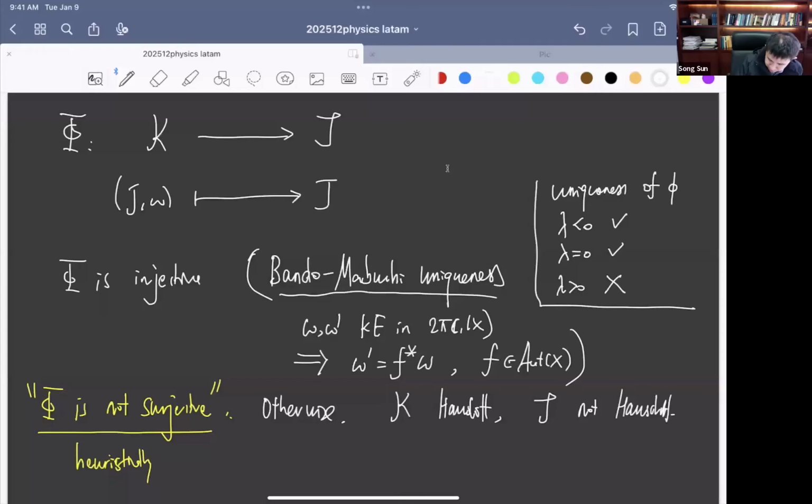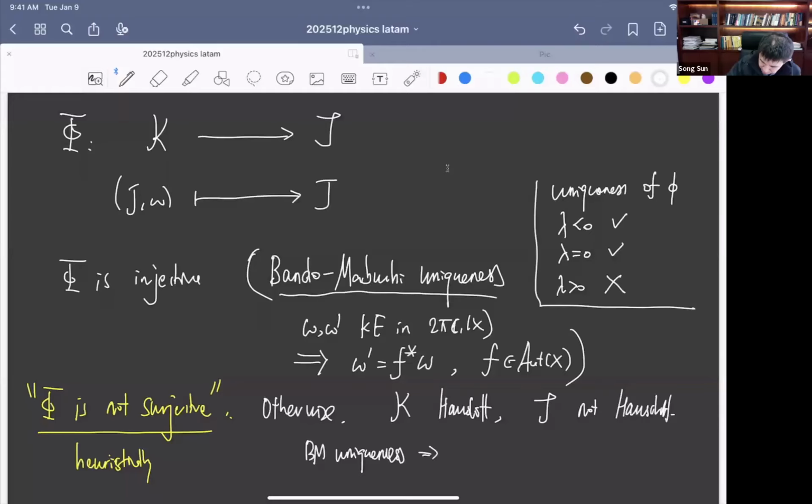If φ is surjective, it means bijective and continuous, and by the Bando-Mabuchi uniqueness, for each J there's a unique one, and then you expect that if J varies continuously, the corresponding ω also depends continuously on J. This is the heuristic part.